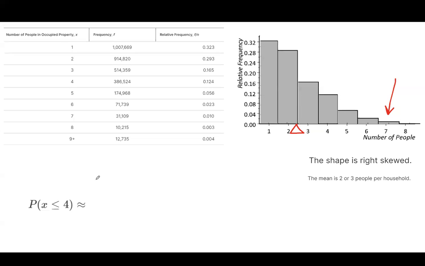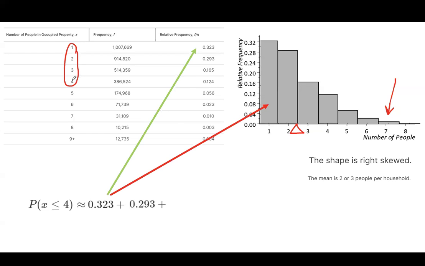Now, if I ask you to find the probability that X is less than or equal to 4, it is going to be the probability that X is 1, 32.3%, plus the probability that it is 2, which is 29.3%, plus the probability it is 3, which is 16.5%.